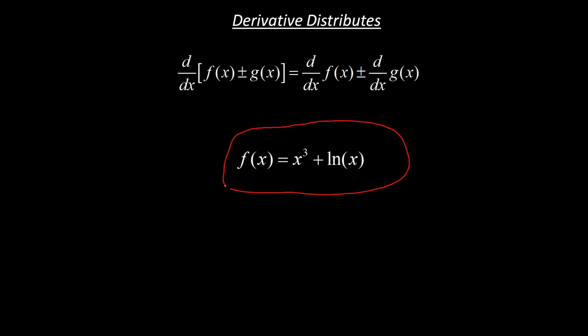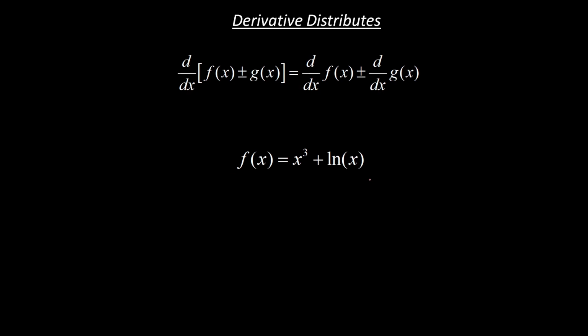So we have this function here. The first thing you want to be able to do is identify what function is there. It's a power. And over here we have a log. This is the first thing you want to do: identify which functions you have so you know which derivative patterns to choose.